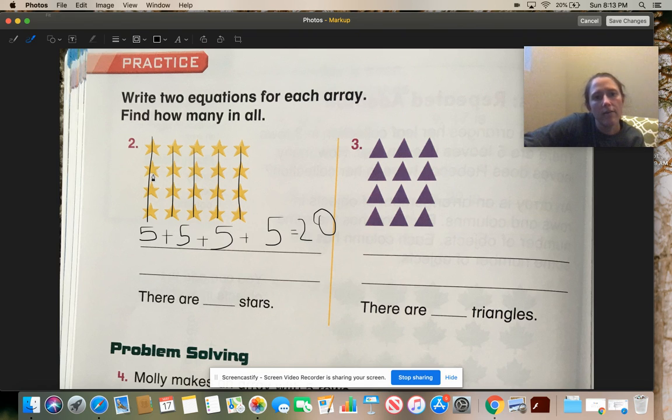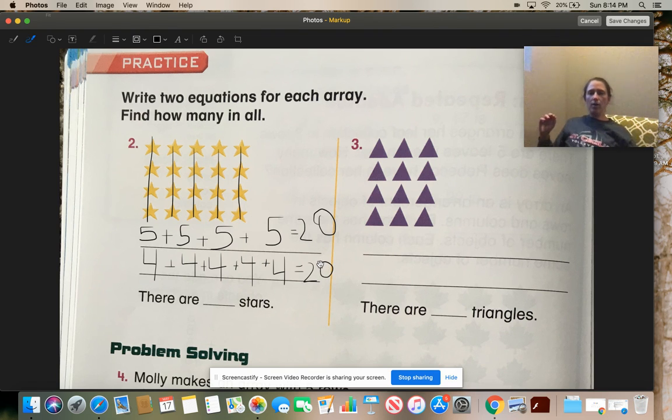So I have 4 plus 4 plus 4 plus 4 plus 4 equals 20. They're the same.